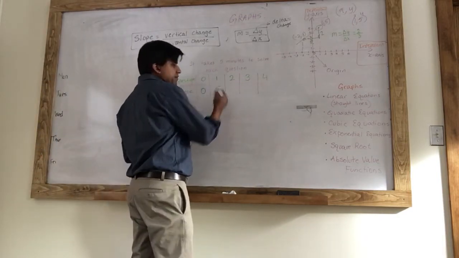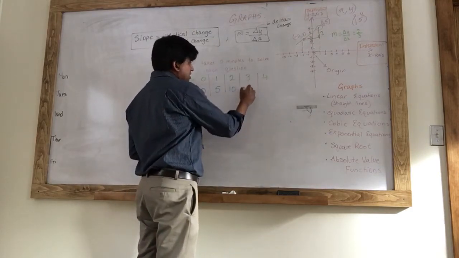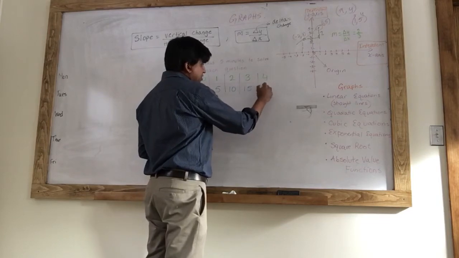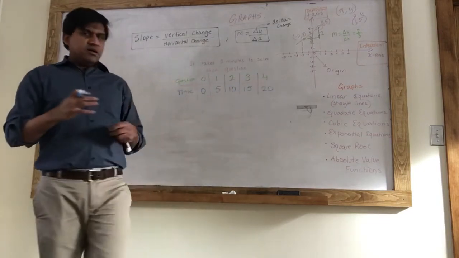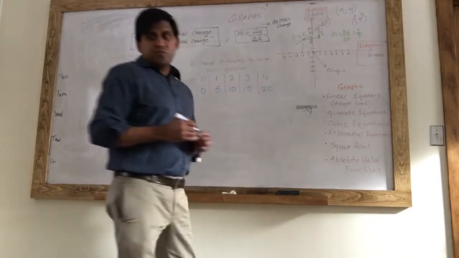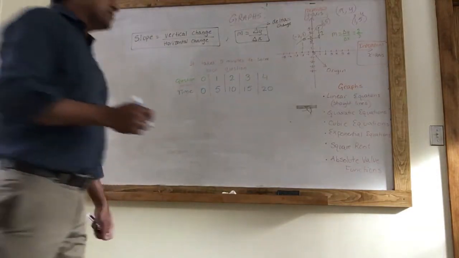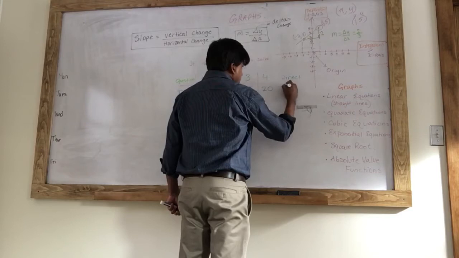You'll take 5 minutes. For 2 questions, you'll take 10. For 3, you'll take 15. And for 4, you'll take 20 minutes. Now, such a relationship is called a direct variation relationship.